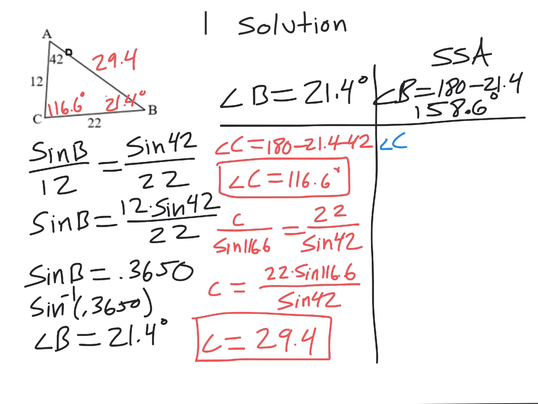Angle C would have to be 180 minus 158.6 minus 42, which would give us negative 20.6.